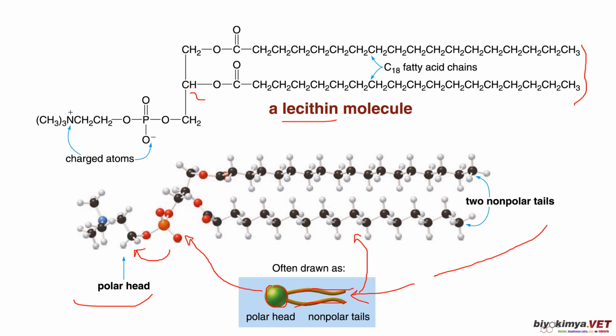And remember, in the lipid layer of a cell membrane, the polar heads are located either on the outer surface or the inner surface of the cell, interacting with the liquid outside or inside of the cell, which means the extracellular matrix and the cytoplasm. The nonpolar tails stay away from the liquid regions.